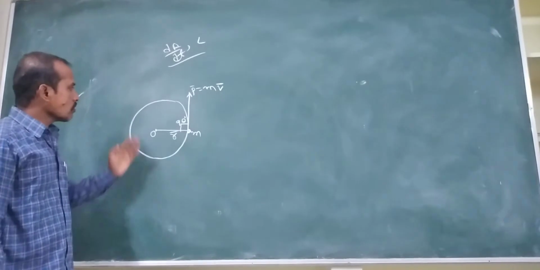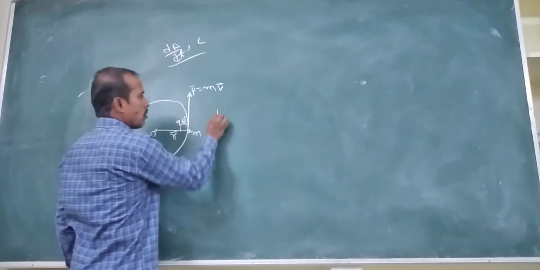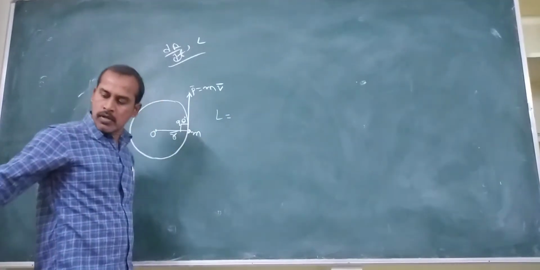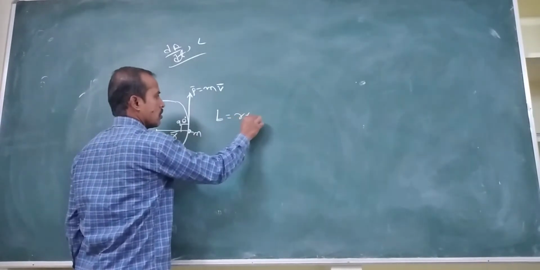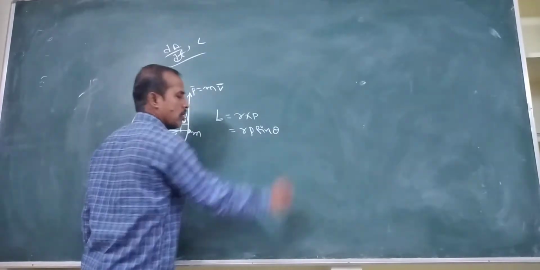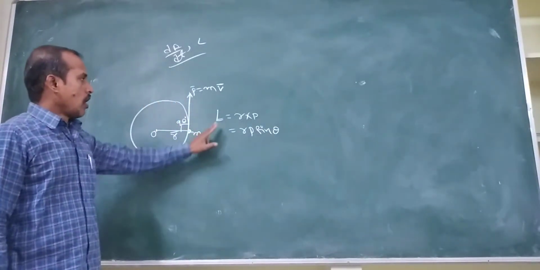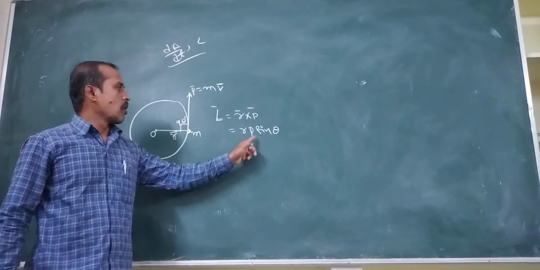According to the angular momentum formula, L is equal to r cross p, that is equal to r p sin theta.